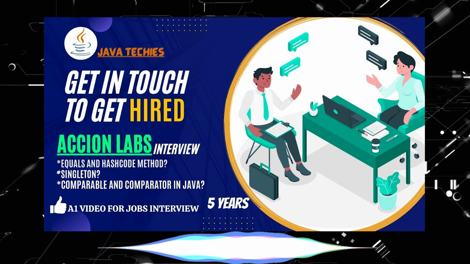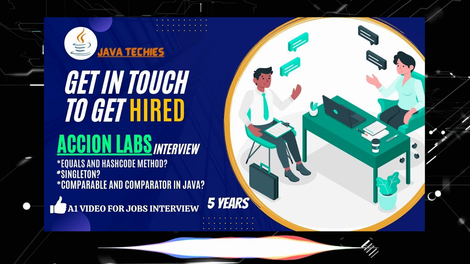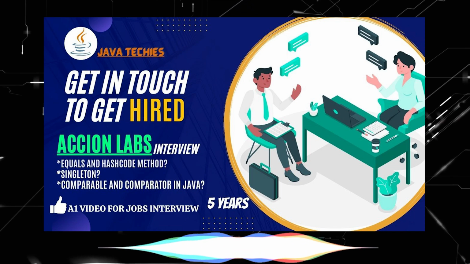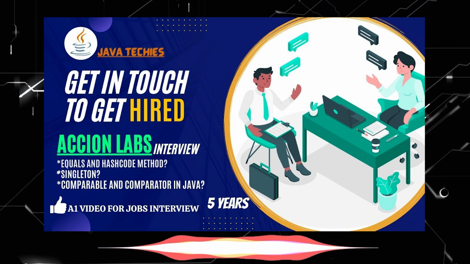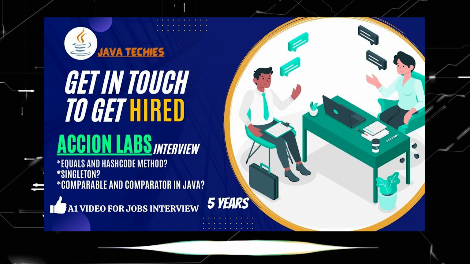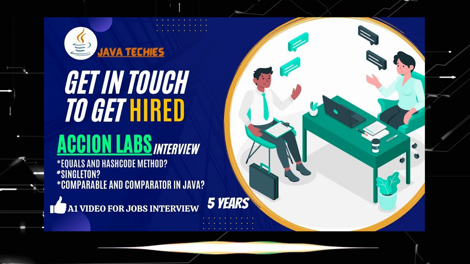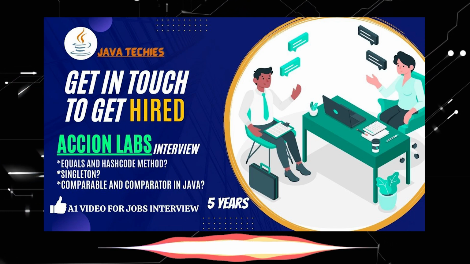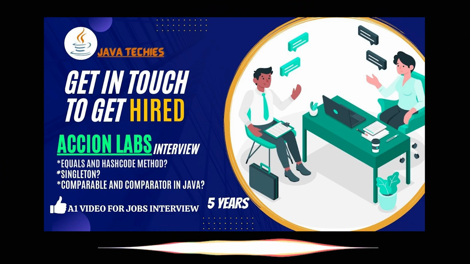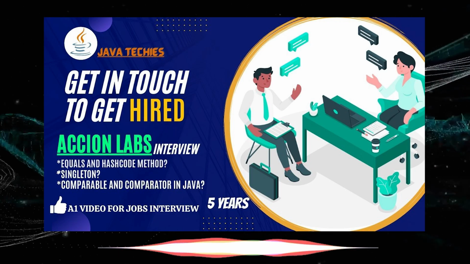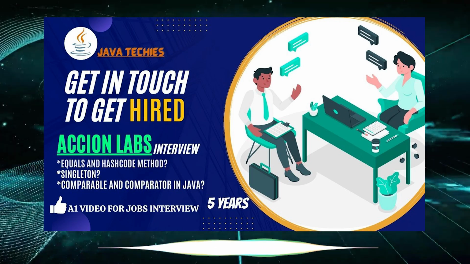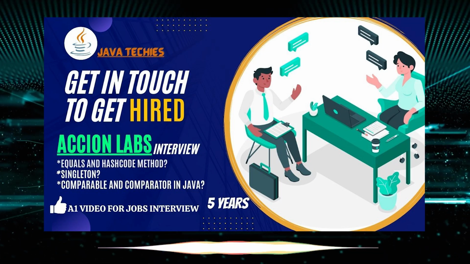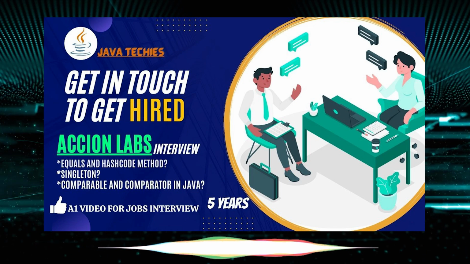So to achieve better performance, they introduced ConcurrentHashMap. We basically have put and read operations. When we use synchronized collections or a synchronized map, both read and write operations are acquired by a single thread, so it may lead to performance issues.